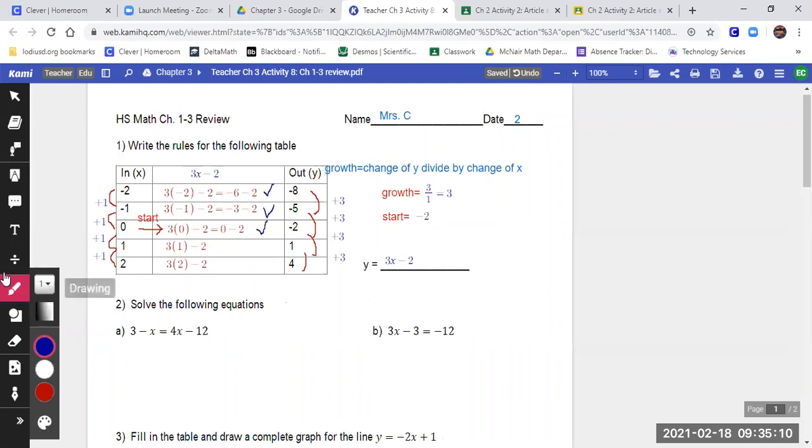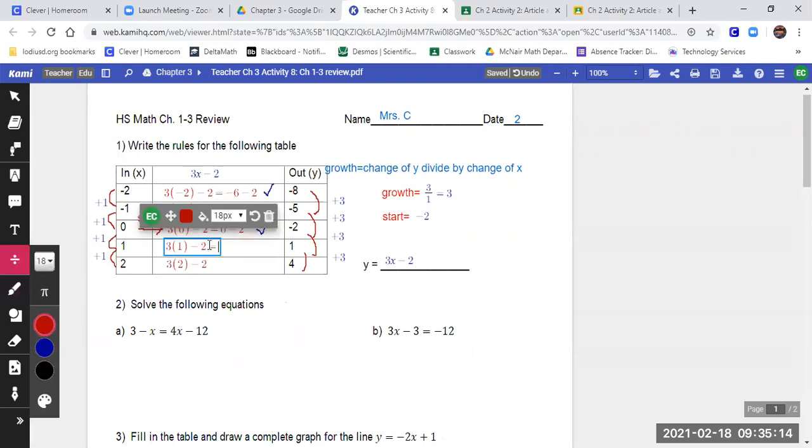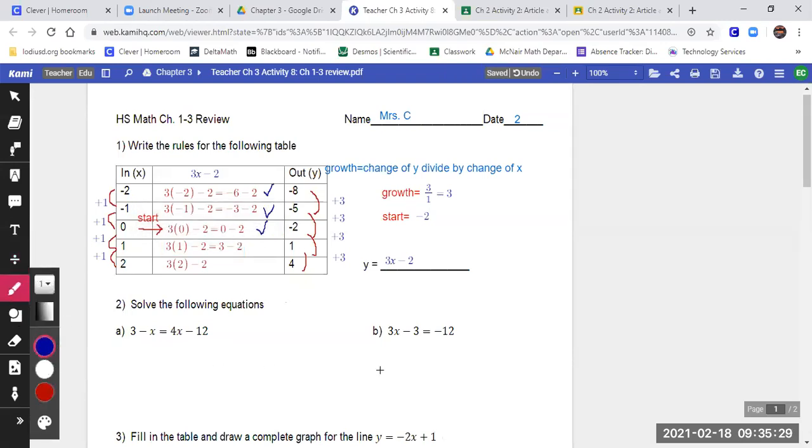Okay, so now we're on the next one. This says 3 times 1, which is what? 3 times 1 is 3. So this says 3 take away 2. Did it check?